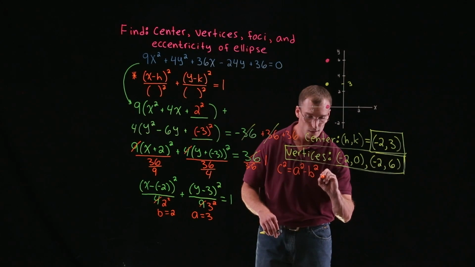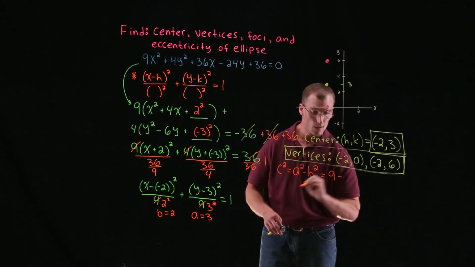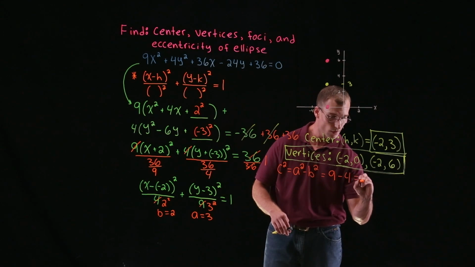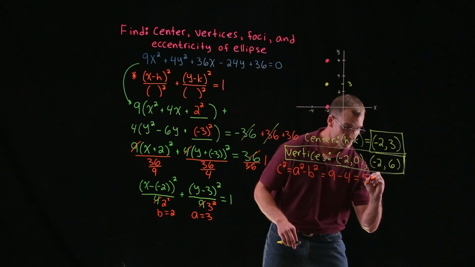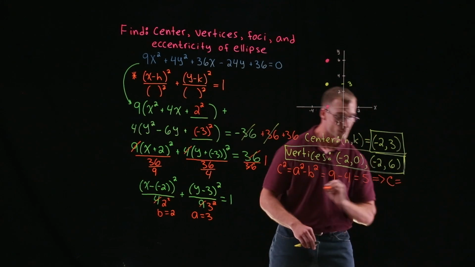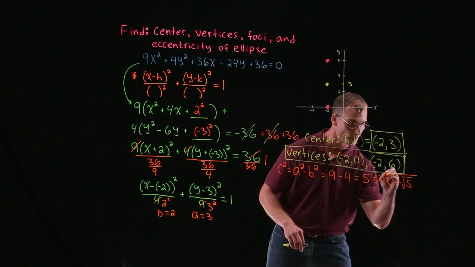So c squared is equal to a squared, which is 9, minus b squared, which is 4. And so 9 minus 4 is equal to 5. And so that implies that, taking the square root of both sides, c is equal to the square root of 5.